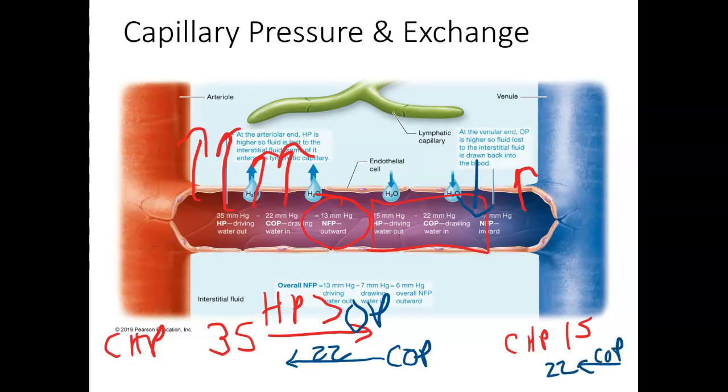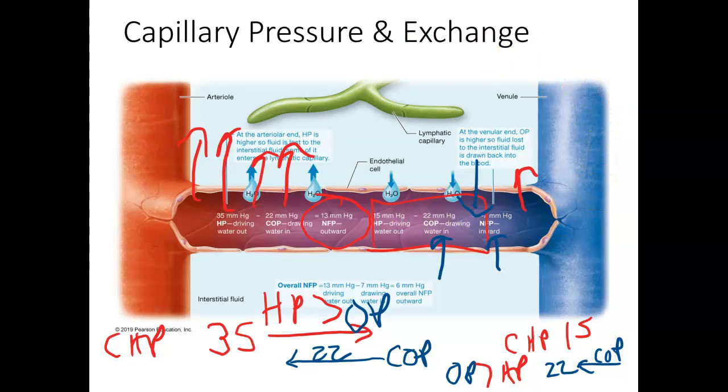It's still 22. So which force is greater? If osmotic pressure is greater than hydrostatic pressure, now material is pulled into the blood. It's a perfect setup: as blood flows through, materials leave on the arterial side, and then wastes and molecules are pulled back in on the venule side, and then it leaves.